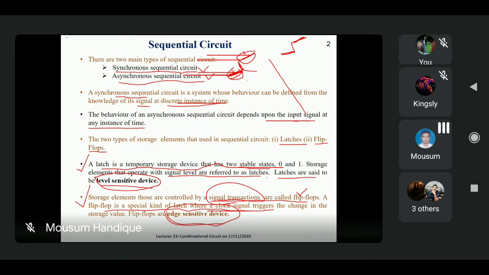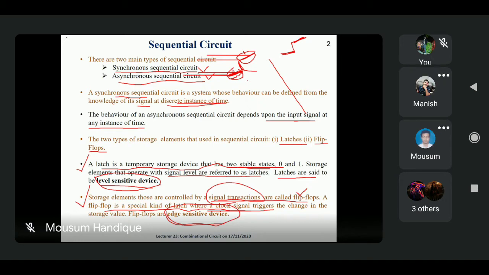Latches always depend on the level at which the signal occurs. Based on their level, the latches work. Due to this, latches are said to be level sensitive devices. Are you clear? Any doubt?